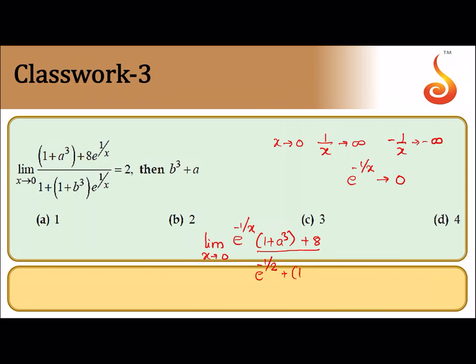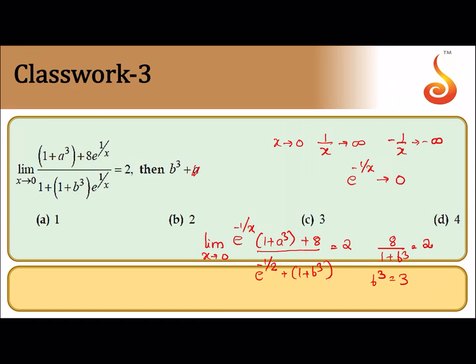So in this problem, limit as x tends to 0, we write e to the power minus 1 by x times 1 plus a cube plus 8, divided by e to the power minus 1 by x plus 1 plus b cube, is equal to 2.